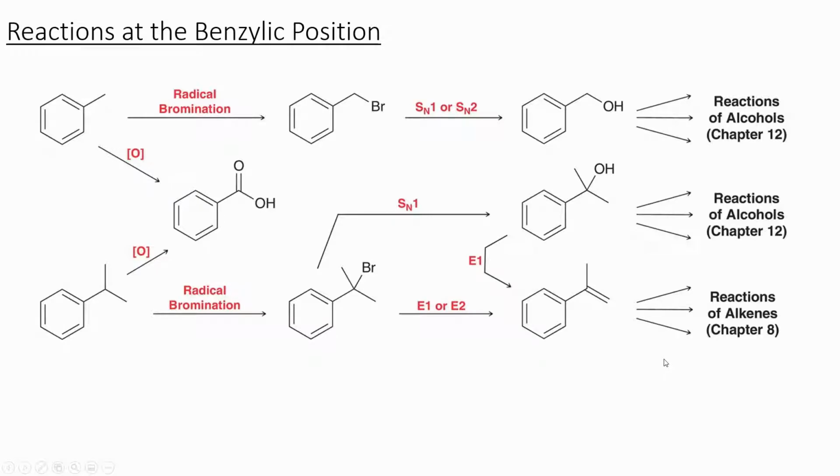These are review reactions, SN1, SN2, E1, E2, radical brominations, but it's important to put these in the context of the benzylic position because the benzylic position is just a really reactive position and allows for a lot of this chemistry to be performed directly next to the benzene ring.